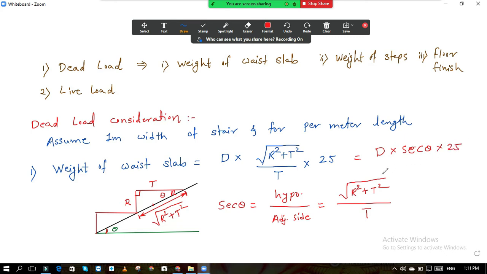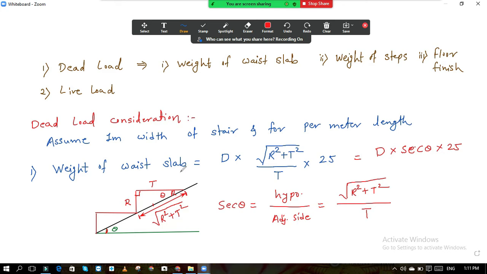This is another way to write this formula. If the angle is known to you, then also you can calculate the weight of the slab. If r and t are not known to you, this is the simple formula we are going to use while calculating the weight of the waist slab.